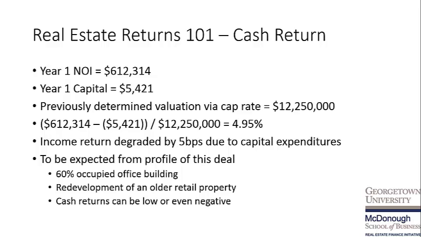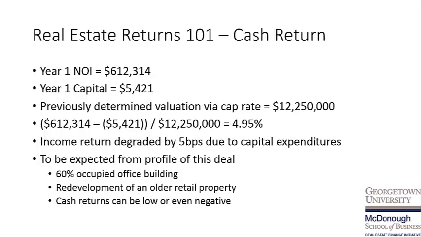And we previously determined that the valuation via our income return calculation is going to be $12.25 million. So in this case, running through the formula, our cash return is 4.95%, which simply means that our income return has been degraded by 5 basis points due to the presence of that $5,421, which is the capital reserve associated with year one.